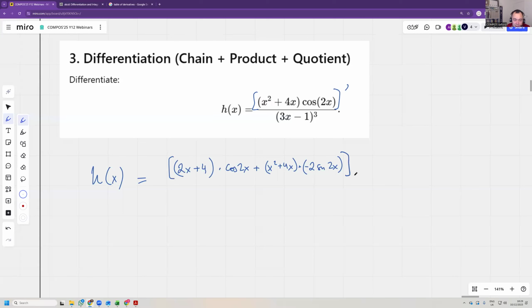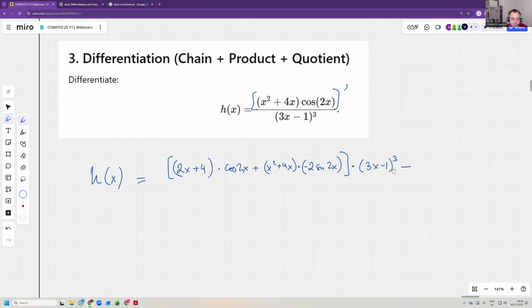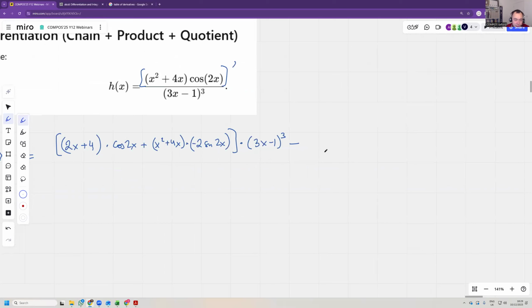And then I multiply this by 3x minus 1 cubed, minus, then I just copy the top, x squared plus 4x multiplied by cos 2x, multiplied by the derivative of the bottom, that's going to be 3x minus 1 squared.